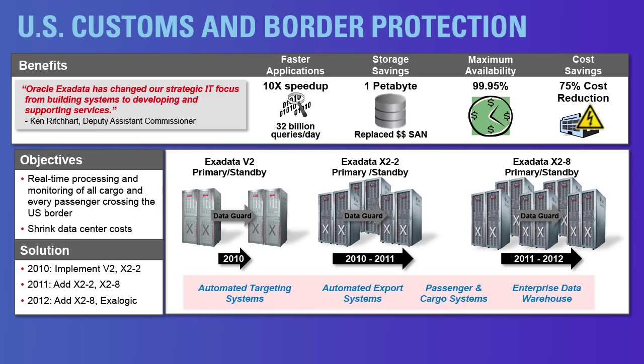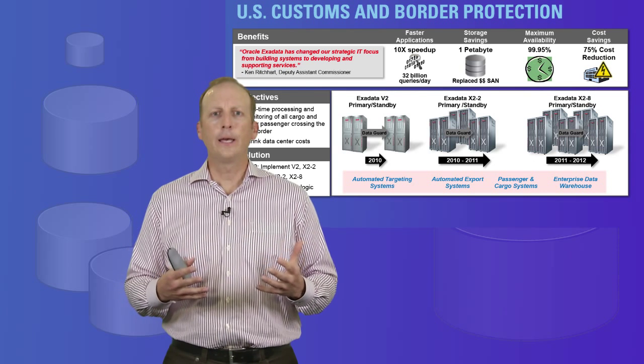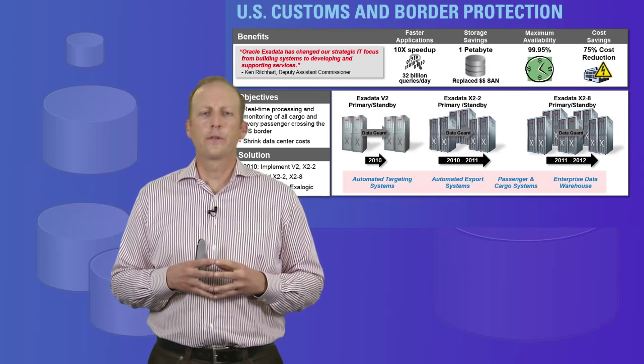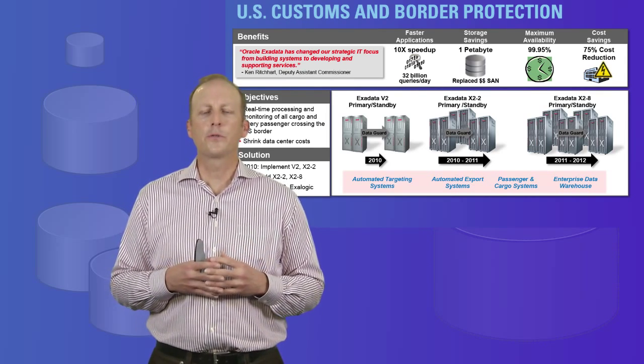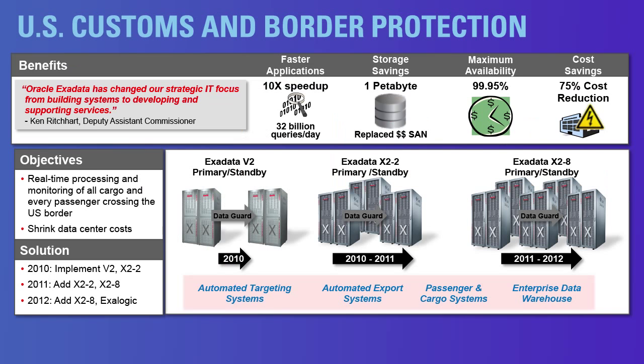On maximum availability, I talked about this being a mission critical application that requires 99.9 uptime. They're getting that. And probably the figure that surprised them the most was the cost reduction. Cost savings comes in many ways: power savings, cooling in the data center, and the lack of expensive storage systems that you have to support.